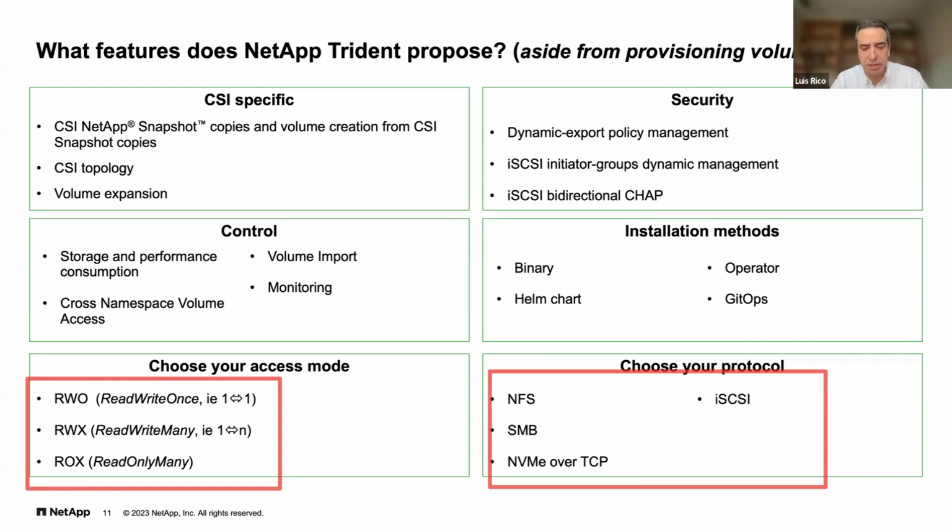So we are also compatible with the new access mode. We can also provide persistent storage to OpenShift virtualization, because we can provide raw devices through our block solutions in read-write many mode. So you can do live migration of virtual machines using OpenShift virtualization and NetApp storage through Trident. In this sense, it is completely supported.